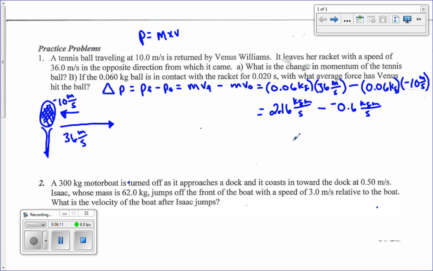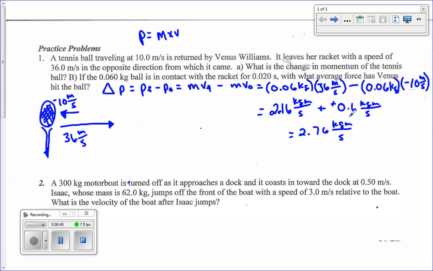Here we have minus a negative number, so we add them. 2.16 plus 0.6, and that is 2.76 kilogram meters per second.